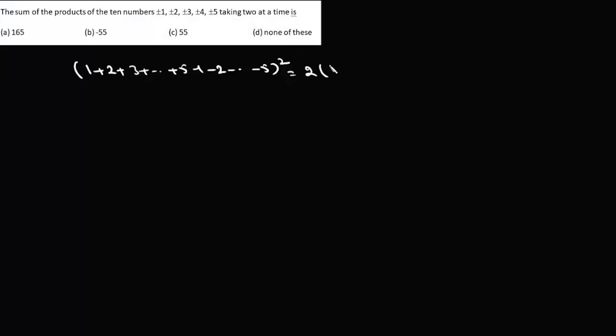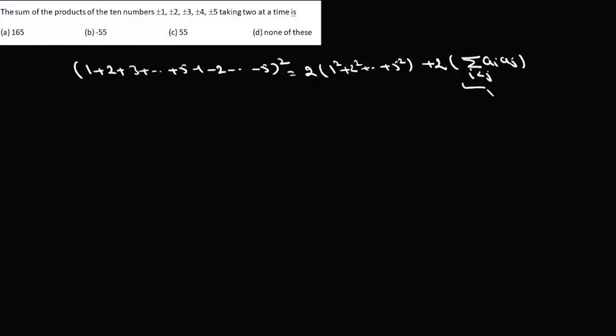So it'll be 2 times (1 square plus 2 square up to 5 square), and then plus 2 times sum of products of these 10 numbers taken 2 at a time. So it will be this summation ai into aj, where say i is less than j. And this is the required sum.